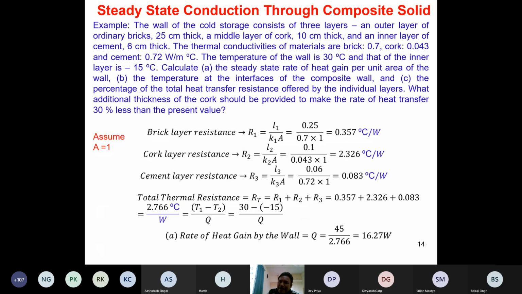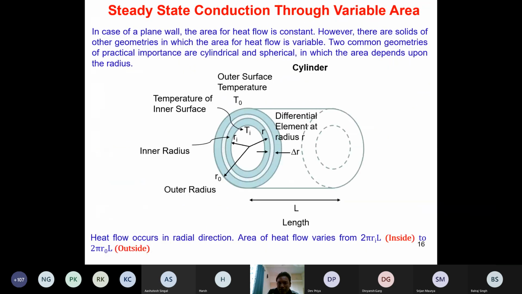Okay. Now, unlike this, we can have a cylindrical surface area like this, where the outside temperature here is T0 and the inside temperature here is, let's say, Ti. So the heat will be transferred from inside to outside or outside to inside through this radial surface area depending on the values of Ti and T0. Okay. So now here you can see the heat transfer area varies depending on what radial position we are looking at.